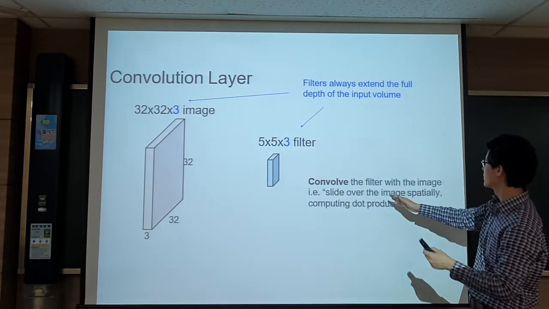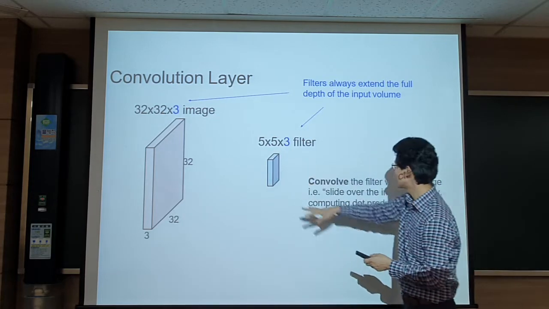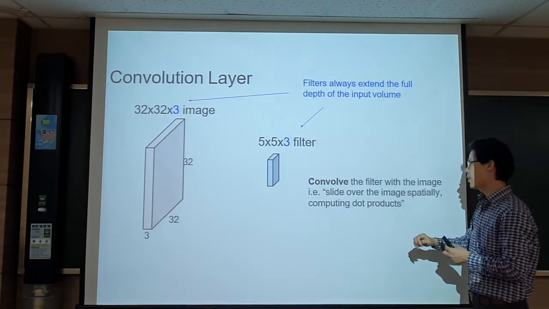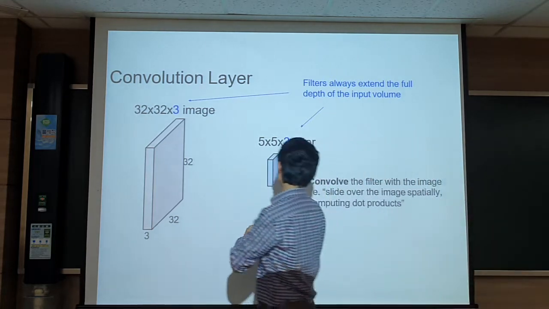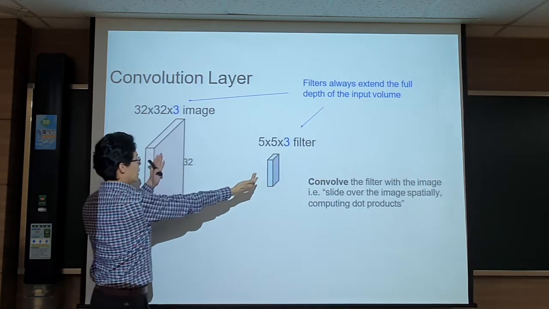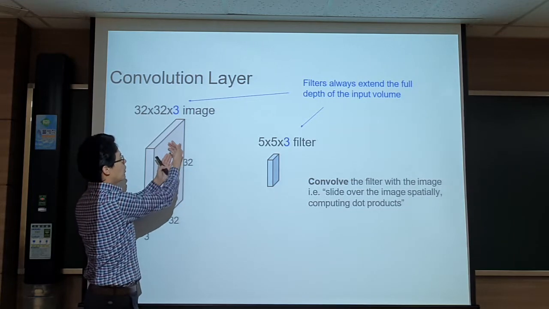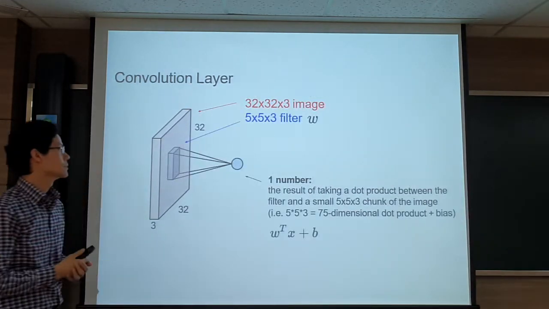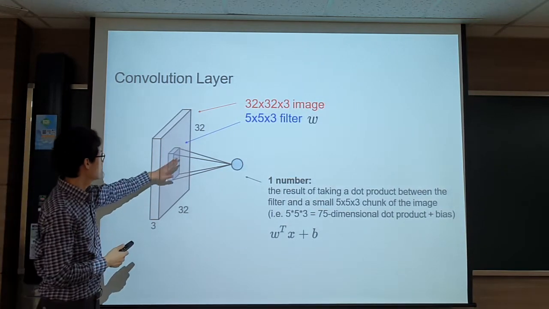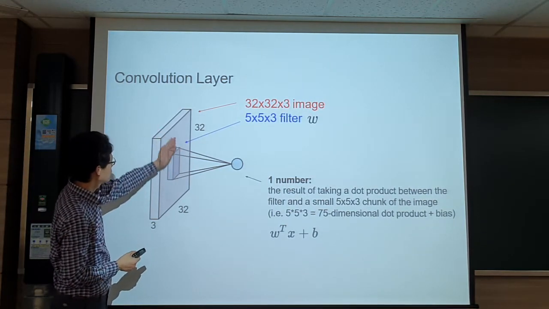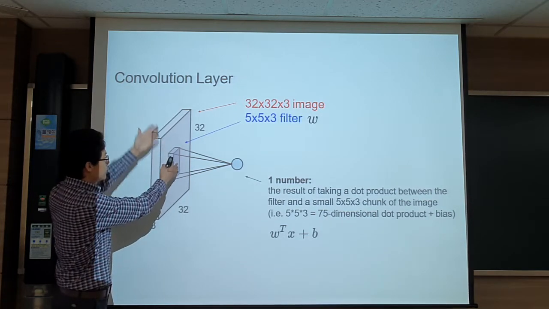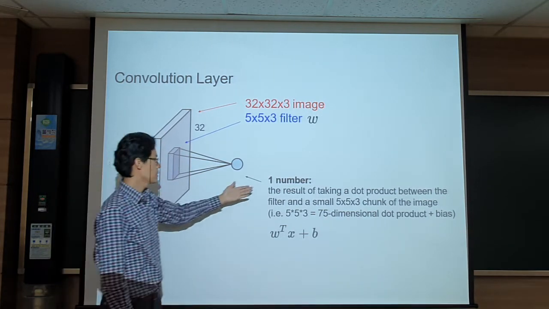Then we convolve the filter with the image. We stride the filter across the image and compute a dot product between the weights of the filter and a certain local window of the image, and we get an output activation value. We align the filter with the local window, do the dot product between the image and the filter, and get an output number.